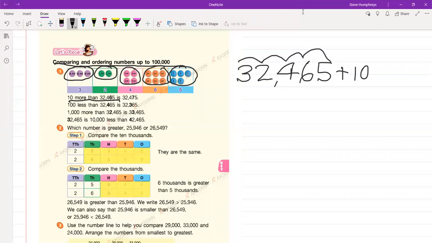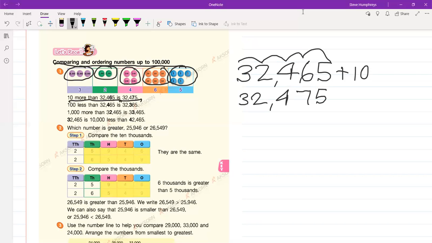Just like you're doing addition, it will be 32,000, 400, and you're adding 10 to 60, so it becomes 70. So it's now 32,475.